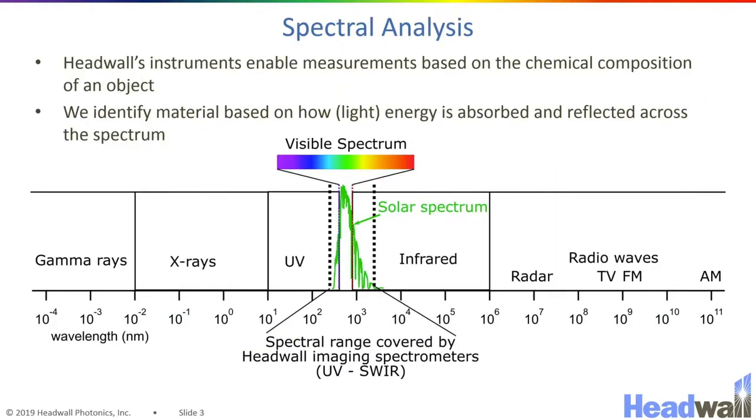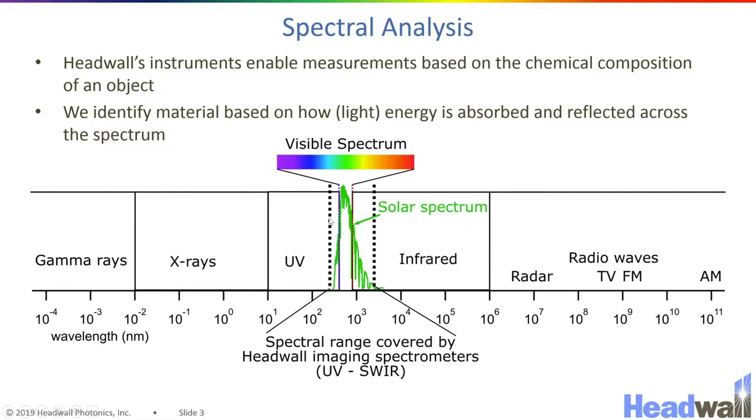Head-Wall's imaging spectrometers operate in the region of the electromagnetic spectrum that is covered by the sun. So in this figure here, we see a cartoon of the entire electromagnetic spectrum. The solar spectrum is depicted by this green curve here, and the region of the electromagnetic spectrum covered by Head-Wall's imaging spectrometers is bracketed by these black dashed lines.